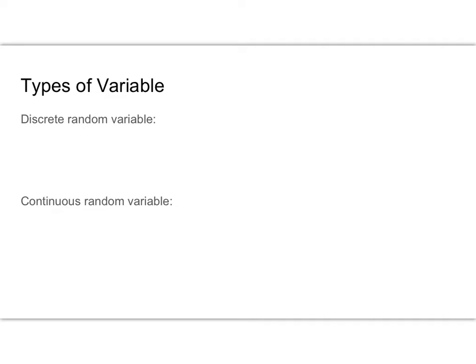There are two major categories of variables: discrete variables and continuous variables. There are a few subcategories, but we're going to focus on these main two. A discrete random variable is something that is countable, and a continuous random variable is something that is measurable.